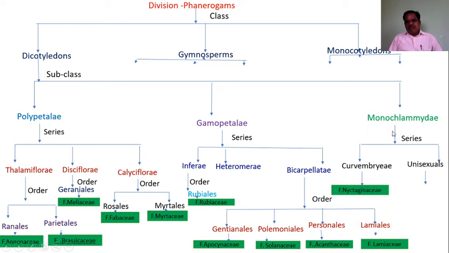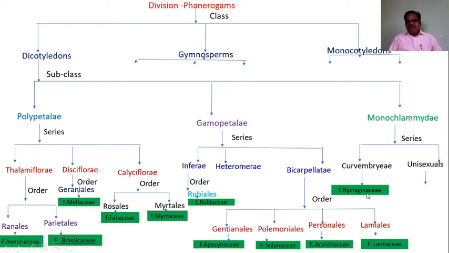One more thing, in case of the Apetalae or the series Monochlamydeae, the series Curvembryae has a curved embryo, and the family is Nyctaginaceae, which is the family of Bougainvillea spectabilis. So it divides into the single family Nyctaginaceae, a member of the series Curvembryae.